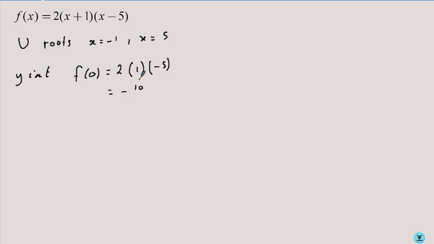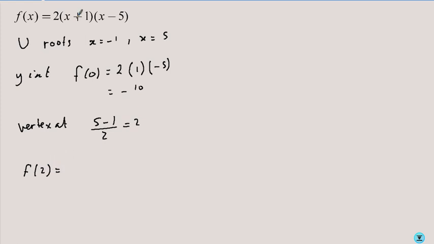Now, where is the vertex? Simply take halfway between the two roots. The vertex is at 5 minus 1 over 2. 4 over 2 is 2. And the y-coordinate of the vertex is f of 2.